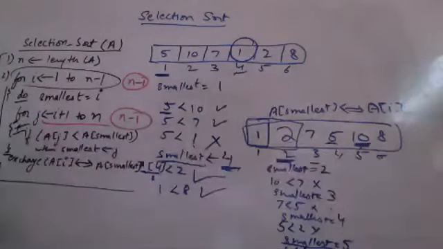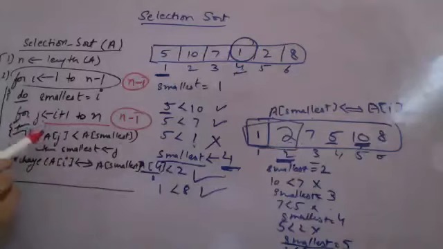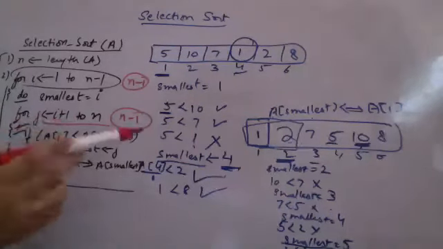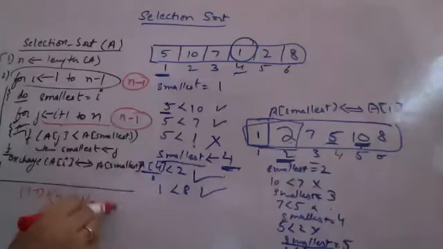So on an average, if I add all of these terms, I have to add the constant time taken by these. n minus 1 times it will run, then n minus 2 times, then n minus 3 times, and so on. So I need to add all of them: n minus 1 plus n minus 2 plus n minus 3 plus so on.